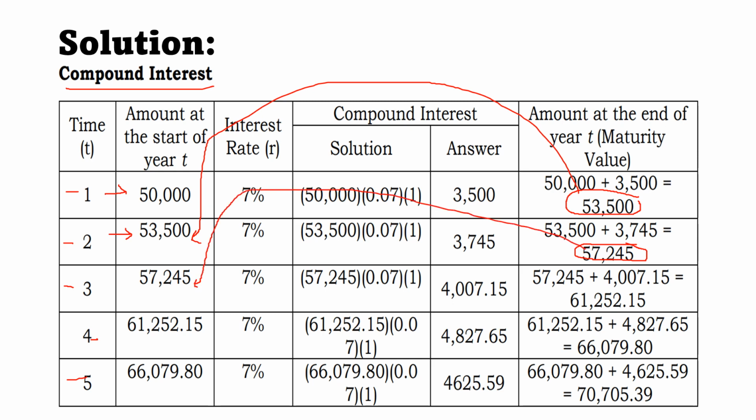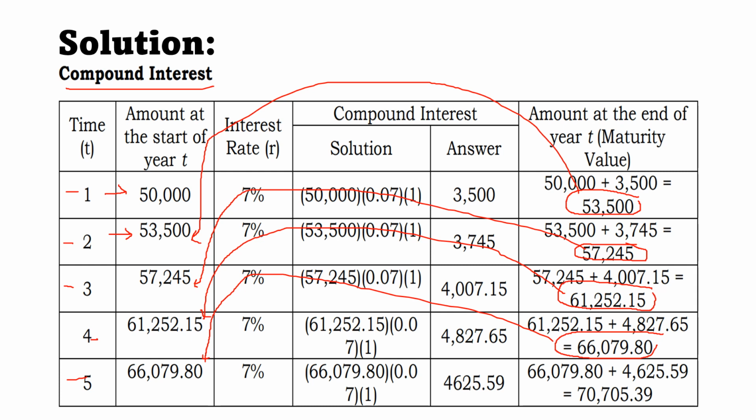Same thing with the maturity value for the third year, it becomes the principal in the fourth year. Same thing with the maturity value in the fourth year, it becomes the principal on the fifth year of payment.